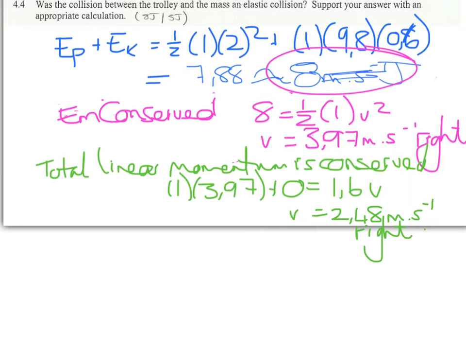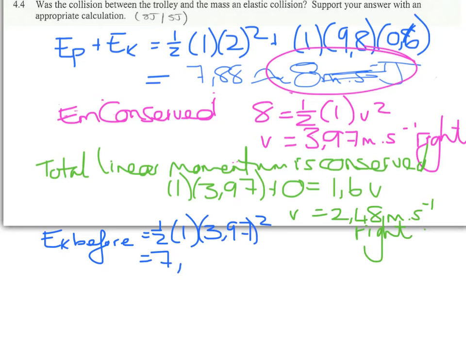They then ask me, was the collision between the trolley and the mass an elastic collision? Support your answer with a calculation. What I'm going to do is I'm going to say that before the collision, EK before was equal to a half mass times, I think it was 3,97 squared, and I land up with 7,88 joules.